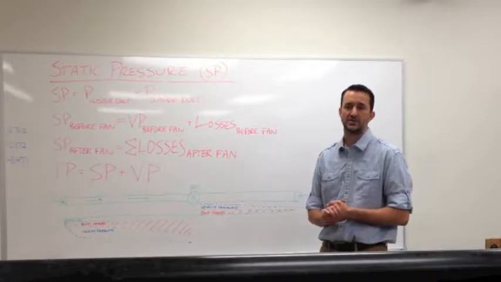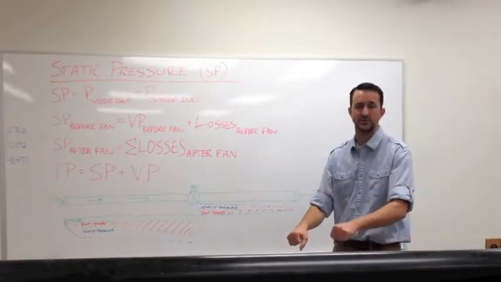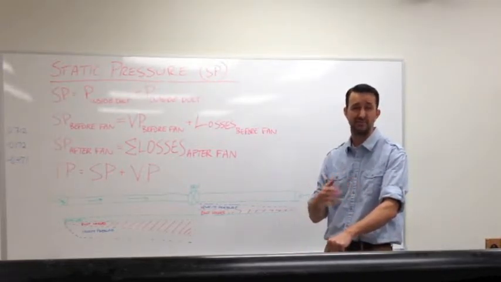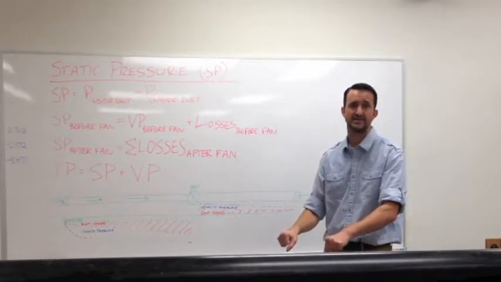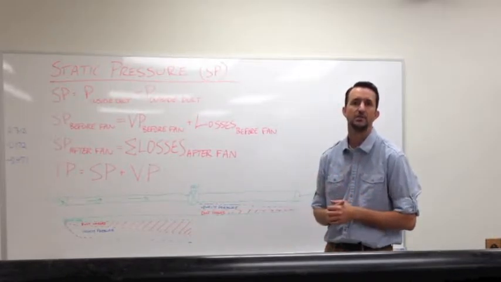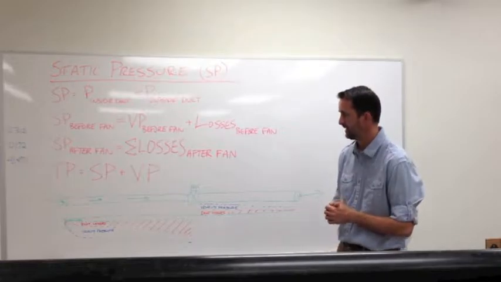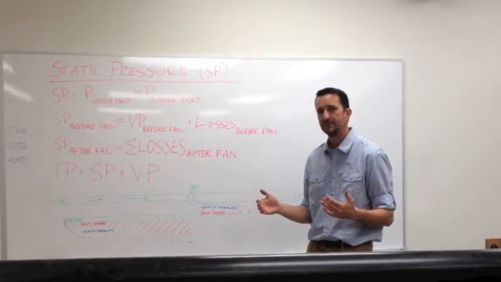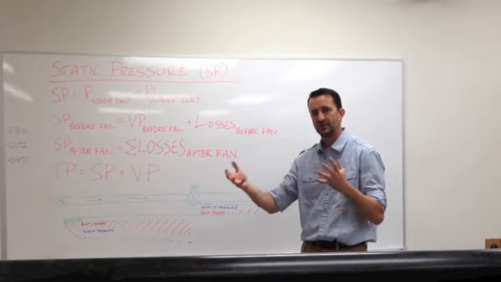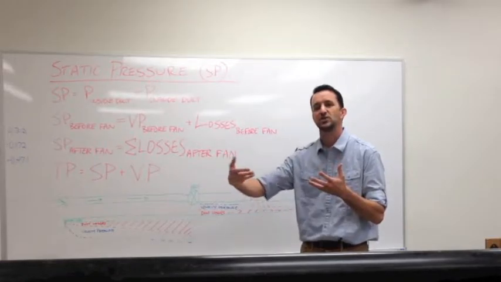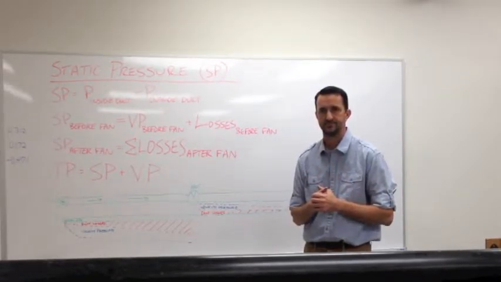Now, if you rode that bicycle 35 miles an hour and you were sitting straight up, you would feel a lot of pressure on your body. Okay? That is the velocity pressure pressing against your body. So as the air moves, that static pressure ambient around is going to get converted into velocity pressure.